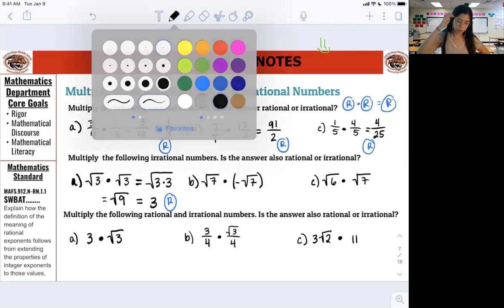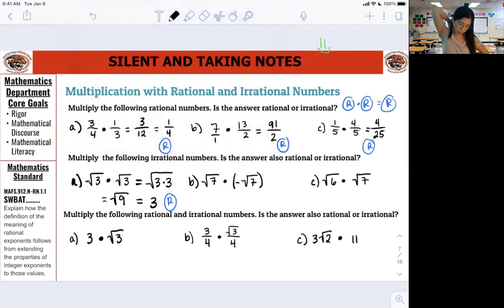Okay, how about this? The square root of 7 times the negative square root of 7. Remember what I said. We can combine underneath the radical. But I'm doing a positive times a negative, and a positive times a negative gives me a negative. So it's the negative square root of 7 times 7.